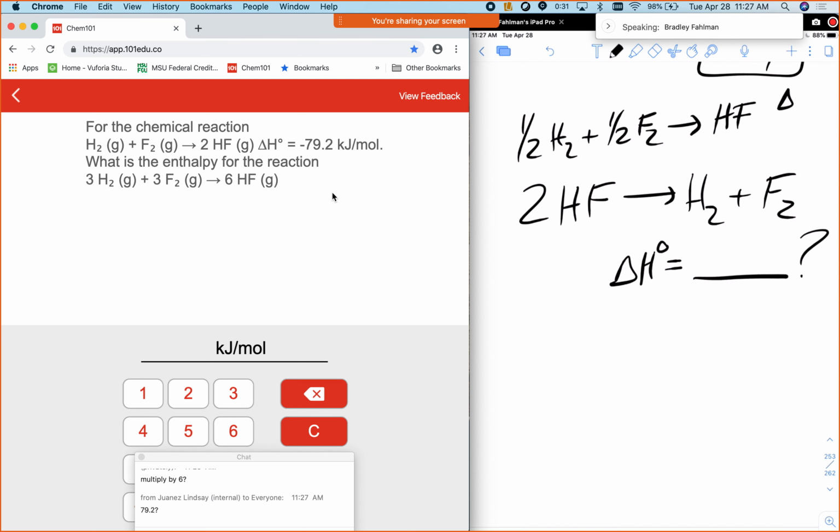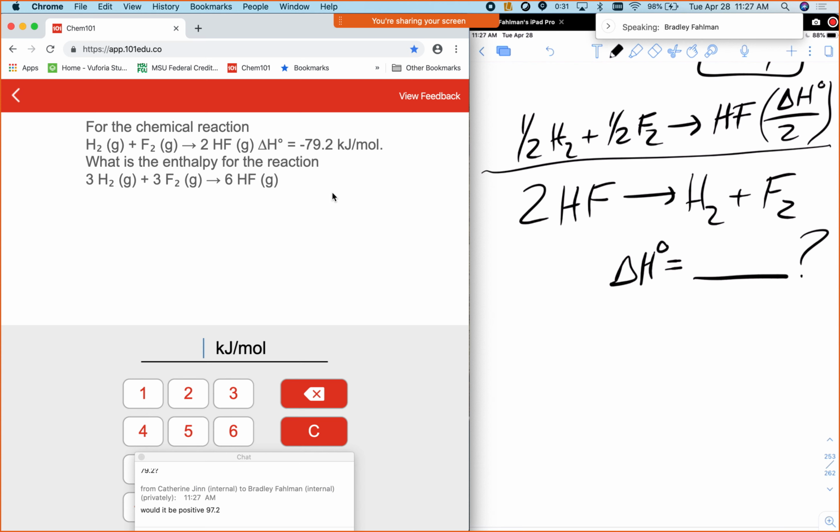Then it would be delta H original divided by 2. Since you're going backwards, wouldn't you just do positive 79.2? Yeah, exactly. So in this case, you're not multiplying by anything, but the second operation is if you reverse it. In that case, you just flip the sign. So you have plus 79.2. Good.